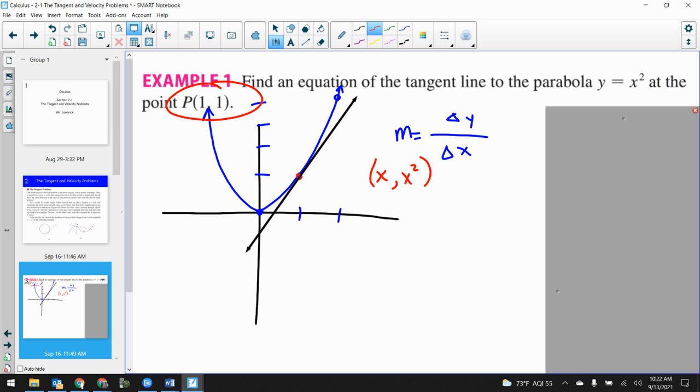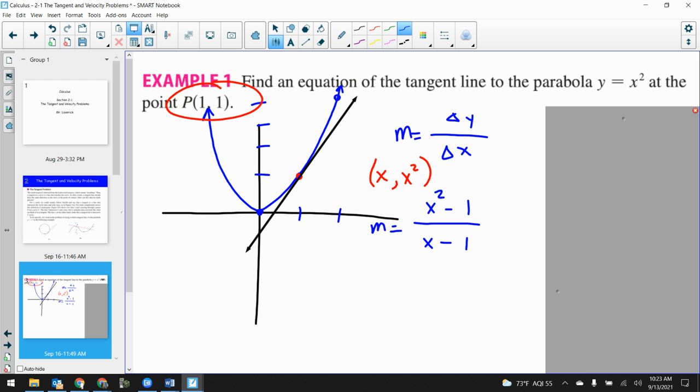So what I can truly say is that if I want (1, 1), then I'm going to say y2 minus y1, x squared minus 1, divided by x minus x1, x minus 1. And I'm getting this (1, 1) from the coordinate that I chose to find the tangent at. That is going to get me my slope at the x value that I choose.